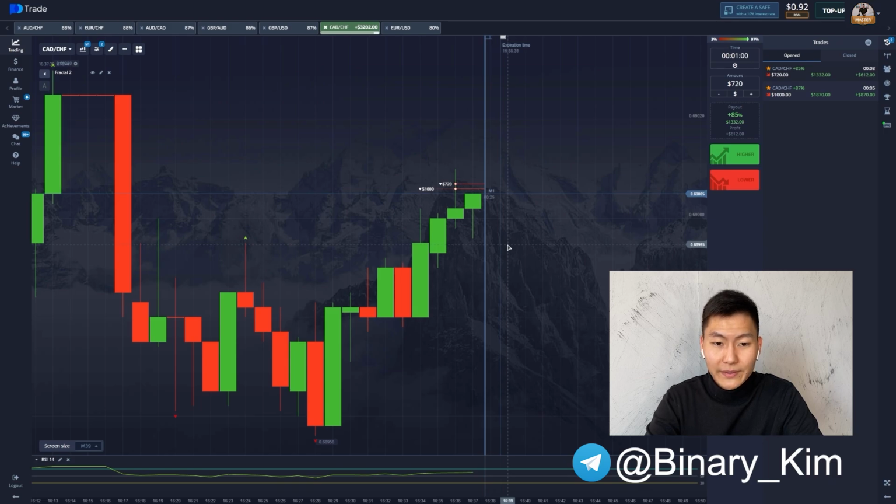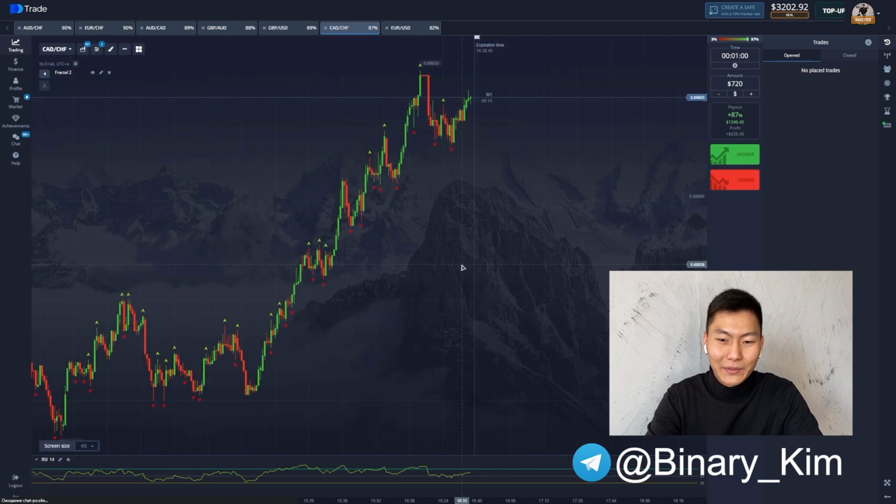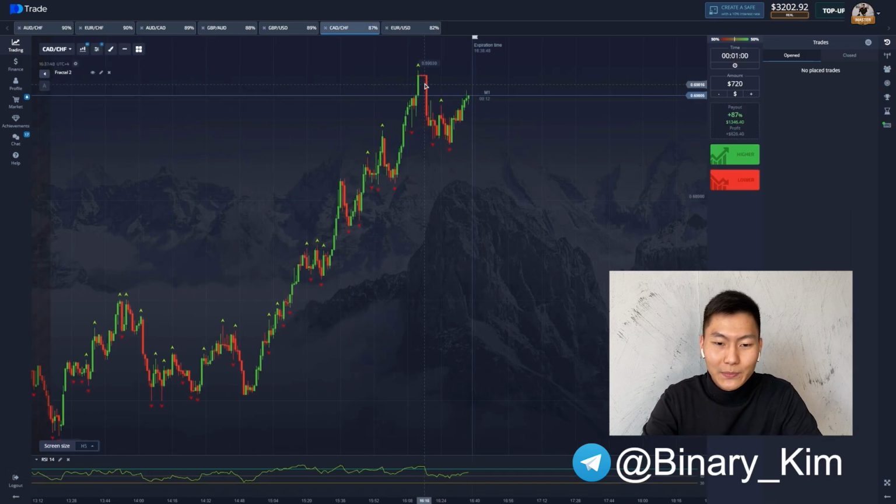As you can see, the candle doesn't show confidence, however we have good trade entry levels. And the first one has been closed in profit, guys, the same, very nice. And we got $3,200 on the balance.